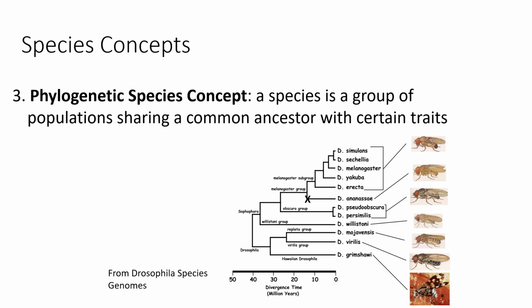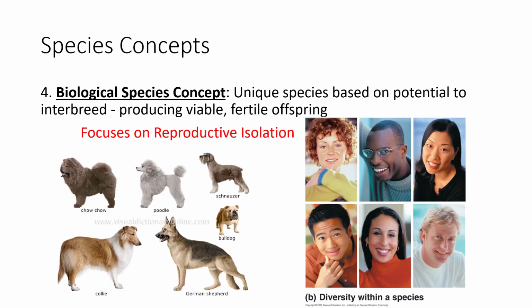But all of this looks at interbreeding a lot, which is why we're going to focus on the biological species concept, which looks at reproductive isolation. There may be a lot of morphological differences within a species. They may occupy slightly different niches. They may be phylogenetically different because they've been isolated for a long time.